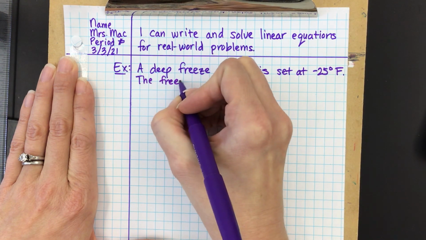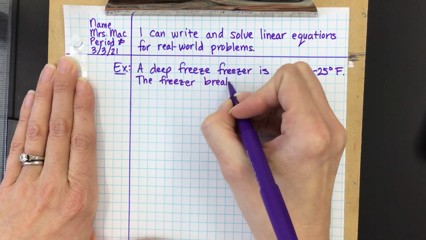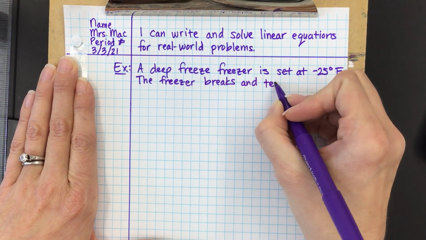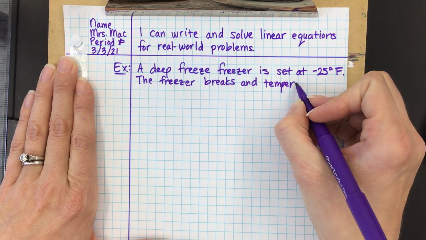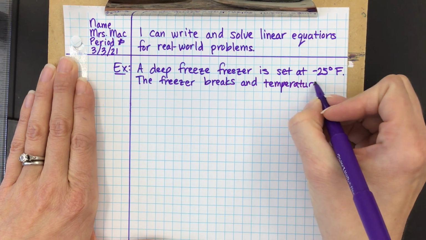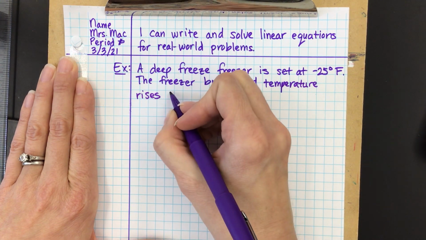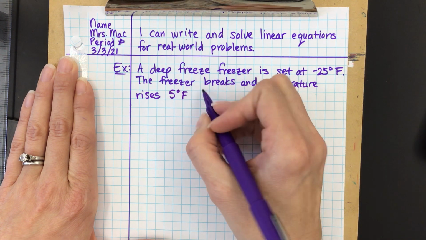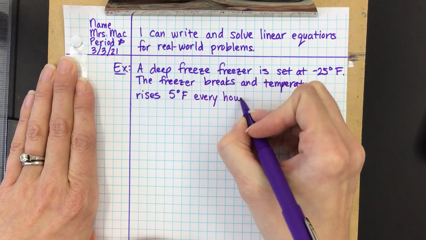The freezer breaks. And the temperature rises 5 degrees Fahrenheit every hour.